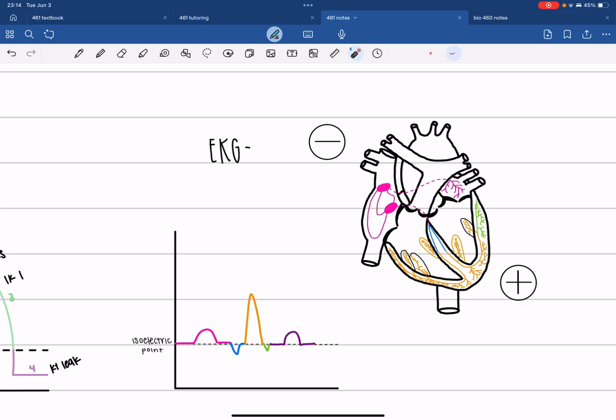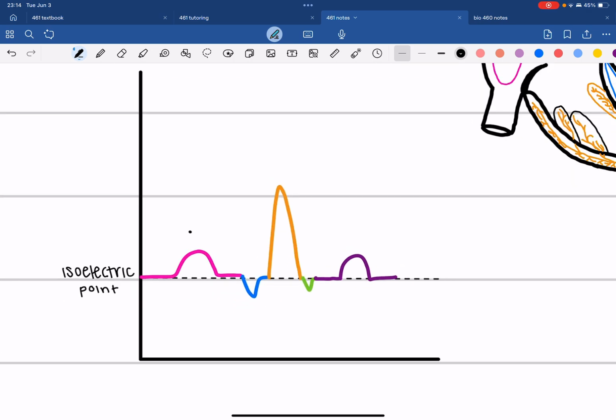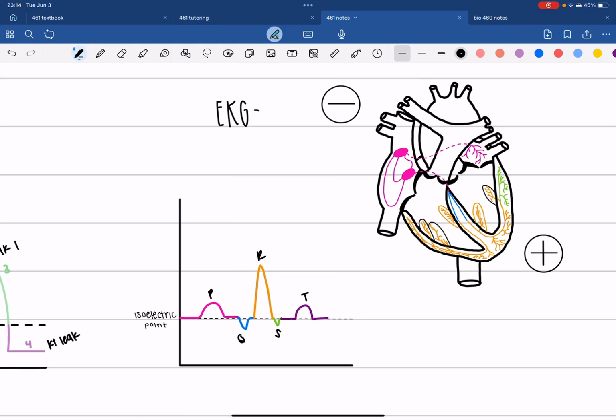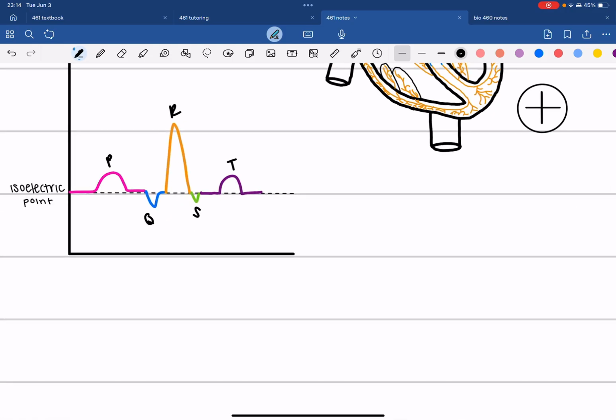So what we can see here is that we have 5 different waves that are part of this. We have our P wave, our Q wave, R, S, and T. Great that they put it in alphabetical order. It works great. So our P wave is going to represent our atrial depolarization.